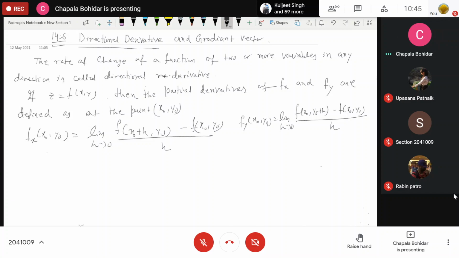They are represented as the rate of change of z in the x and y directions. In the x direction the unit vector is i, and in the y direction the unit vector is j. So here, if you have the unit vector, the component of the unit vector is AB.